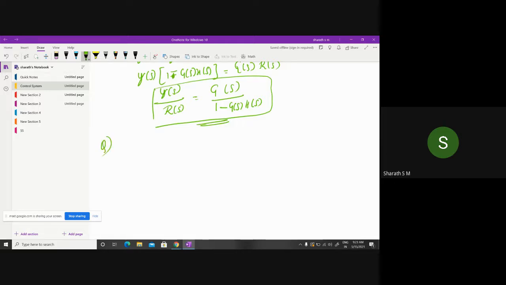Write in the question: using the block diagram reduction techniques, find the overall transfer function Y of s divided by R of s for the given block diagrams. So the simple problem.